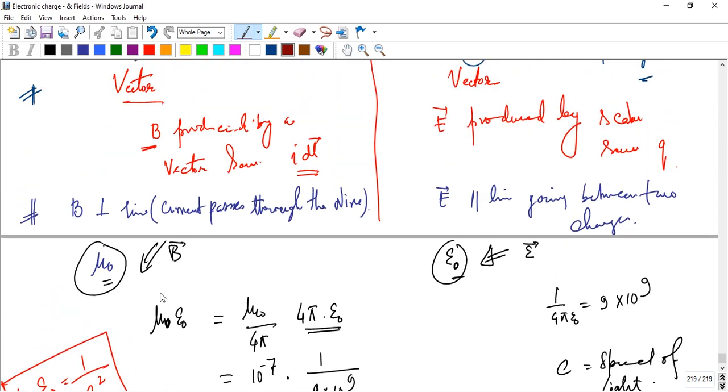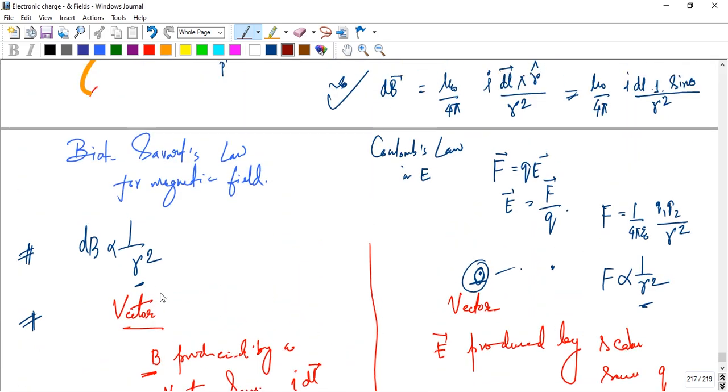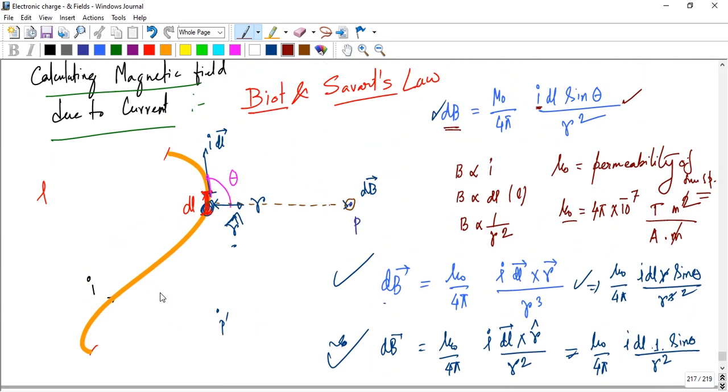The Biot-Savart law is very important to calculate the magnetic field of a wire, with current passing through that wire. Because the moving charge creates a magnetic field, and the static charge creates an electric field. That's the basic core concept.